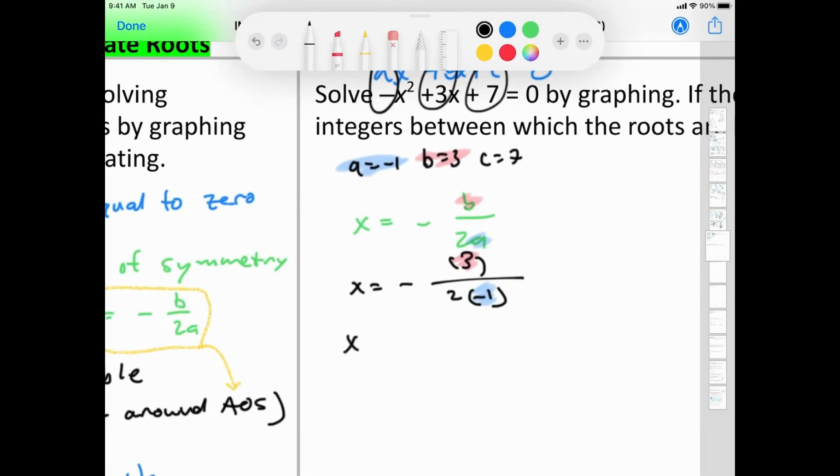So this will become x equals 3 divided by negative 2, the opposite of that would become positive 3/2. Now, to give you some kind of number sense, if you put that in your calculator, 3 divided by 2 is 1.5. So, box that. That is our answer here. This is our axis of symmetry.